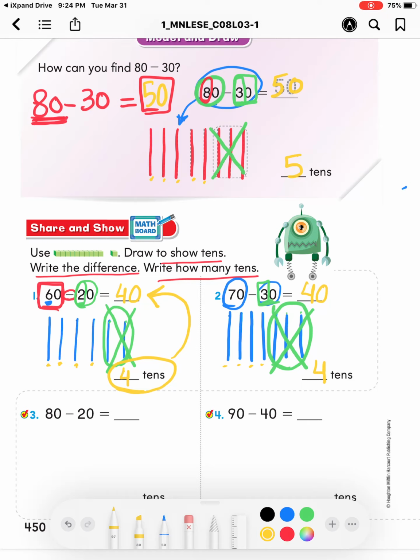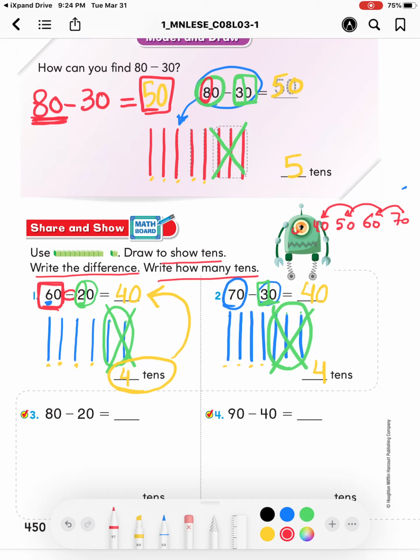Of course, you can count back also, okay? You can count back saying we have 70, 60, 50, 40. So it's still 40, okay? Here we count back 10.